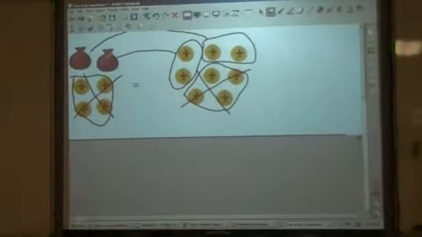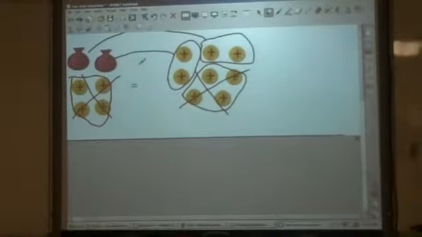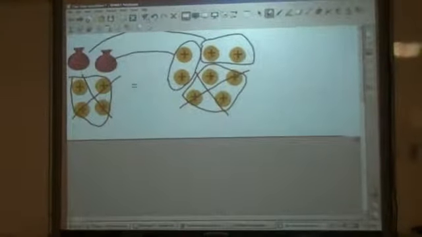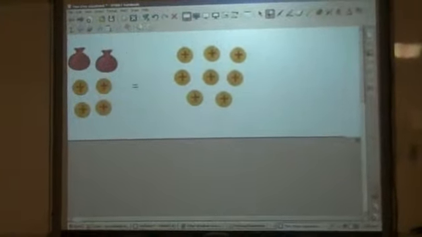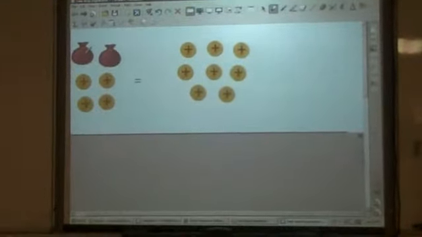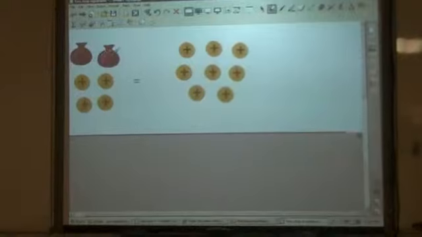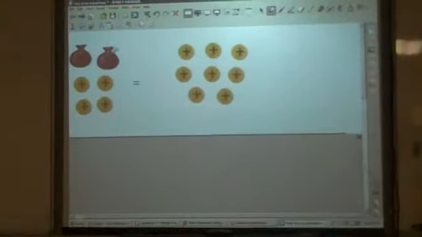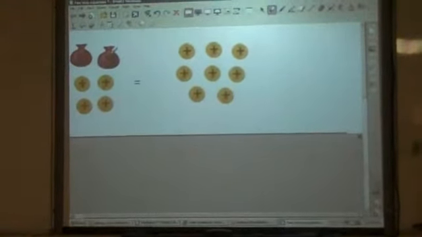Okay, so now how can we show that mathematically using equations? Well, for the pouches, I can consider those my variables, like x, because I really don't know what's in them. They're my unknowns.